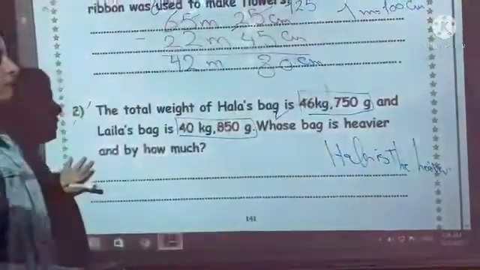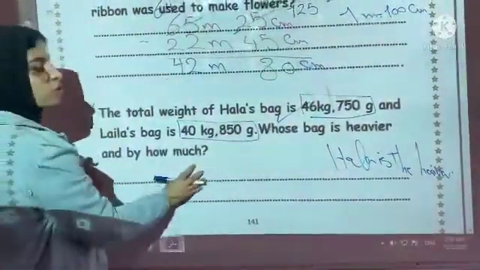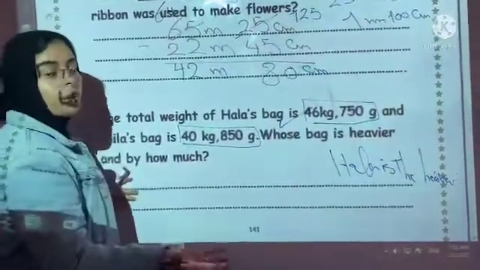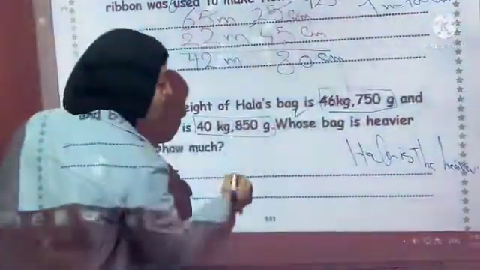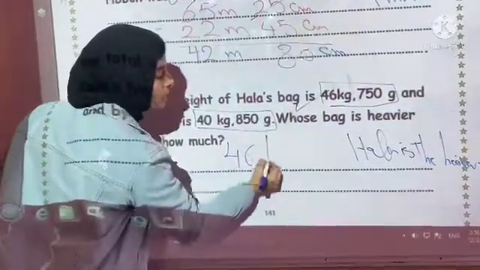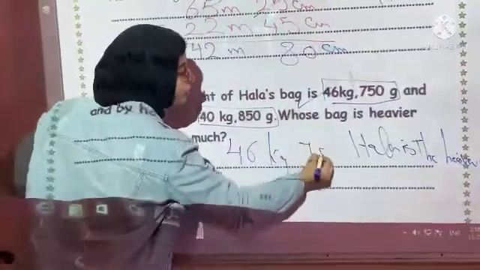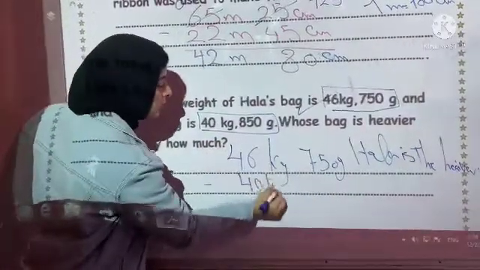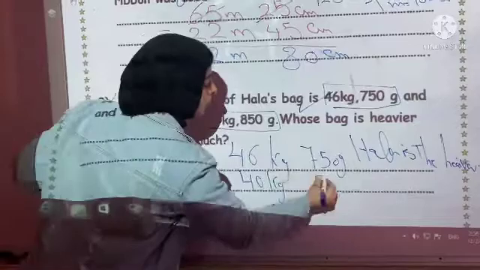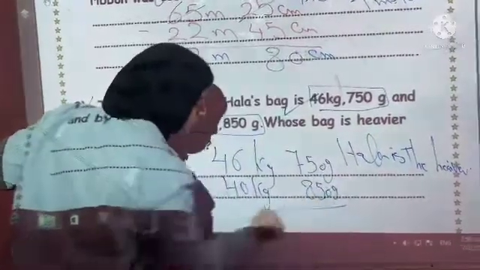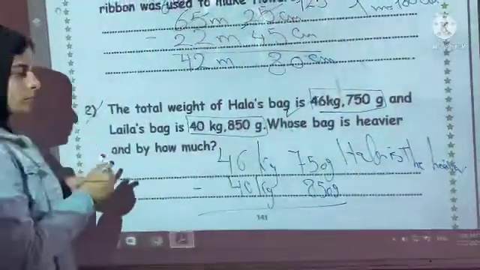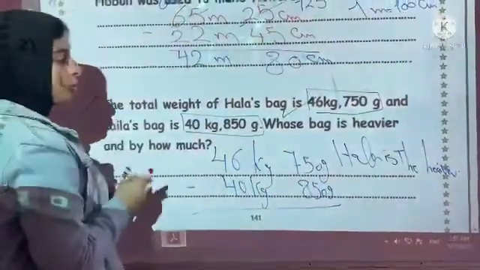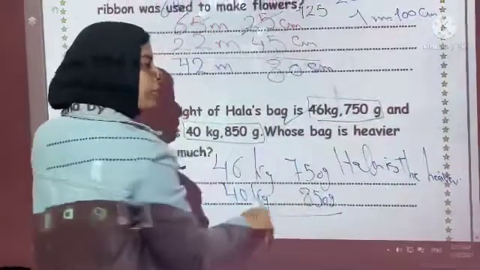Now we ask how much heavier Hala's bag is than Laila's. That means I'm going to subtract. I start with the greater one: 46 kilogram and 750 gram minus 40 kilogram and 850 gram. 750 minus 850 doesn't work because 750 is smaller than 850.